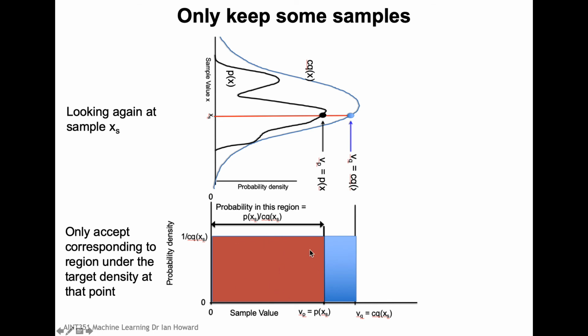The red bit here is the probability you want to keep it, and the whole distance is the overall 100% probability, but we don't want to keep everything. So we keep the data by making a decision with a probability given by p(x_s) divided by c q(x_s). Otherwise, we're going to reject it.